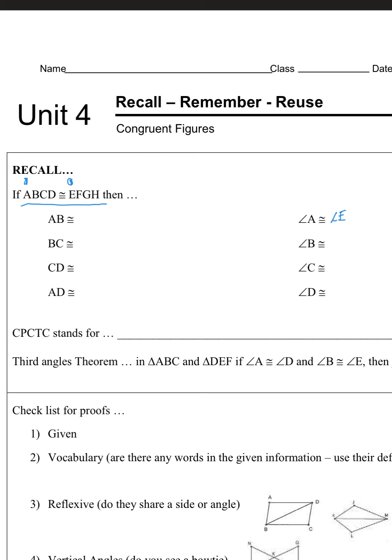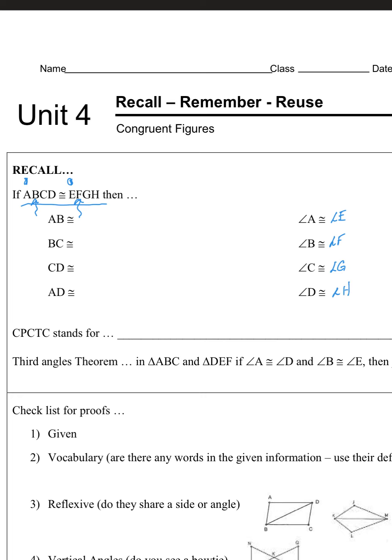So that means angle A is congruent to angle E. Angle B, the second letter, would be congruent to F, the second letter in the second shape. Then we have angle C, which should be congruent to, yes, angle G. And then we have angle D, the last letter, which should be congruent to, yes, angle H.